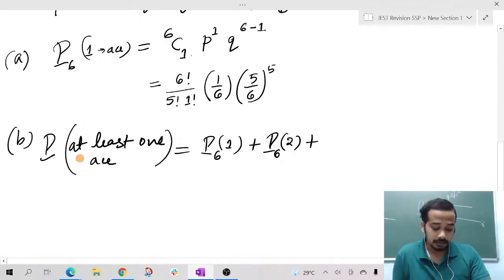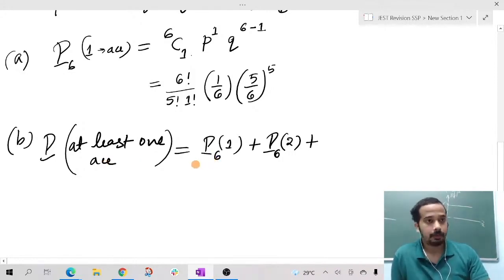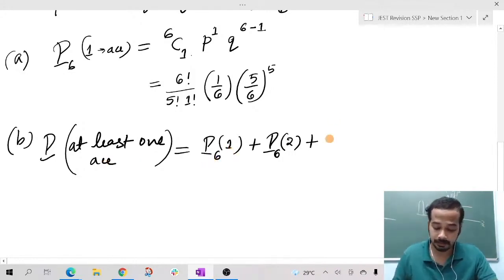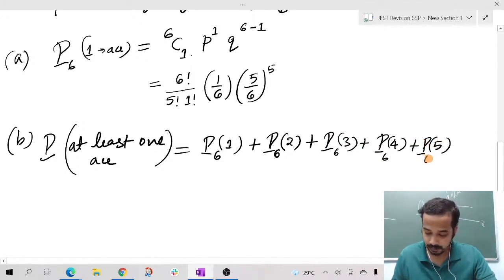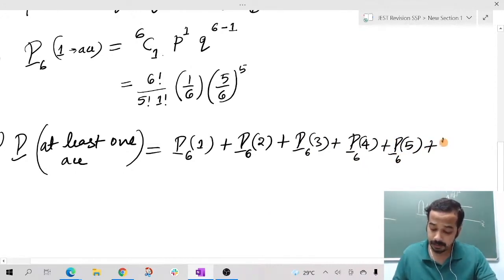Probability of at least 1 ace means probability after 6 throws of getting 1 ace plus 2 aces plus 3 aces plus 4 aces plus 5 aces, plus probability of getting 6 aces, isn't it?